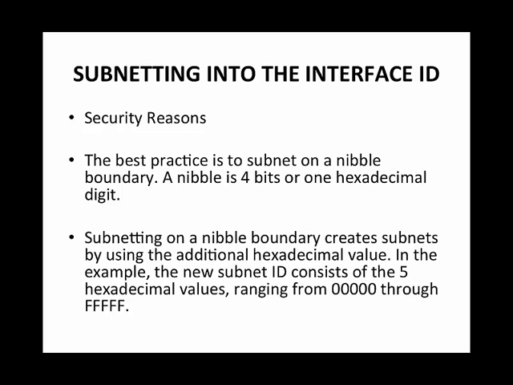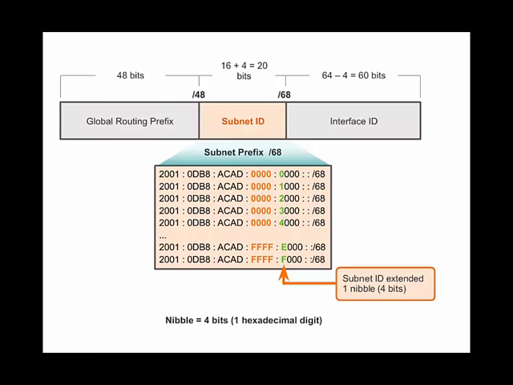So it's really easy to know what this nibble of the interface ID is. For example, here we have our 000, and we assign the extra 0 from the interface ID, and we can see how this happens till the FFF, that is the last example, with the F from the interface ID. So it's really easy for us to know the extended ID, and this makes it a lot easier for us to identify things. This is the best practice for subnetting into the interface ID, and it's really recommendable to do it.